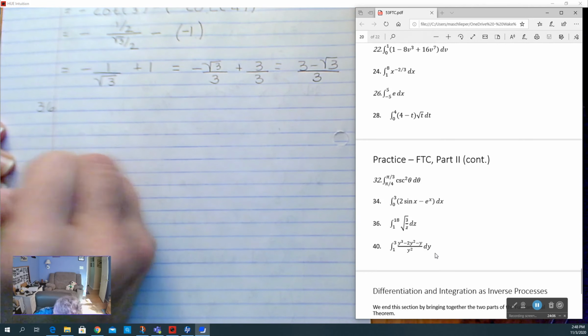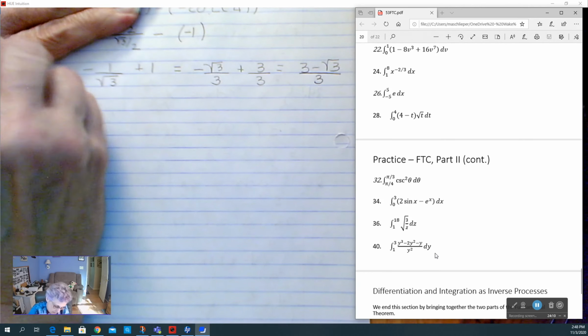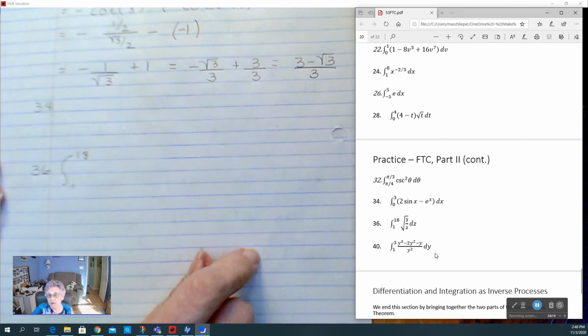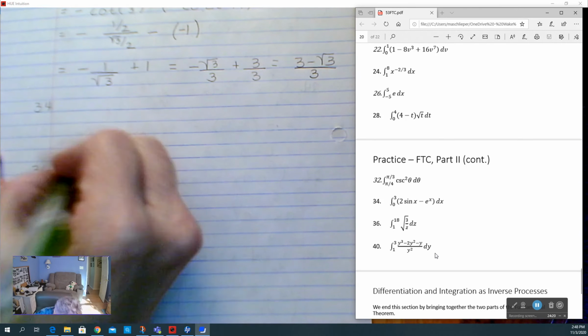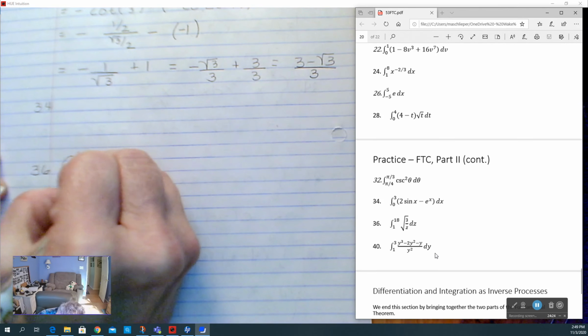36 is the integral from 1 to 18, and I'm going to rewrite this just to make it more clear. First off, I have a square root of 3 over square root of z.